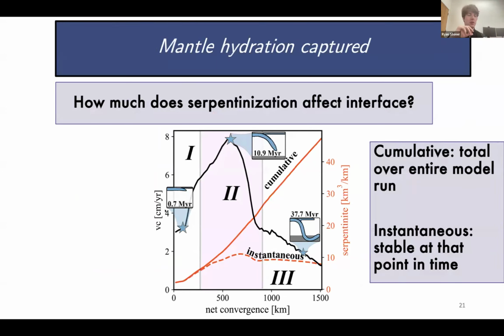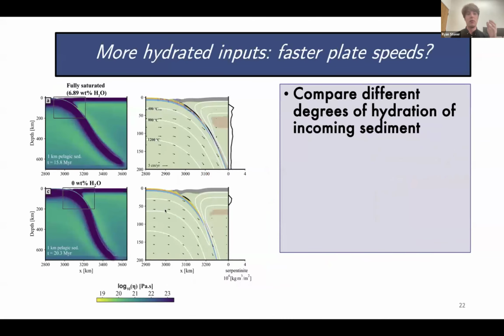So the difference between the two is a measure of how much down-dragging there's been of the serpentinite. The cumulative includes stuff that was stable at one point, but then gets dragged down as a function of time. And the main thing that we really wanted to do is to compare what happens when you keep everything else equal, but you change the hydration state of the incoming material.